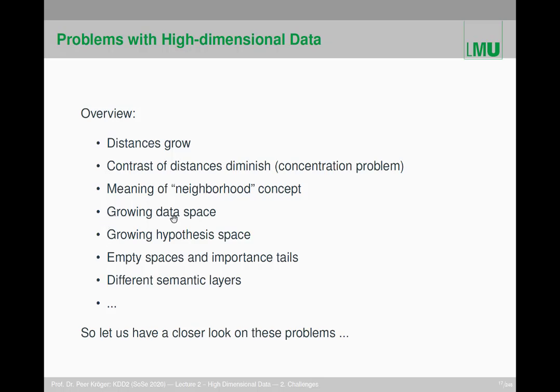Another thing is that the data space grows, which means that the hypothesis space grows. We will have a lot of empty spaces, and that has some impact on tail distributions. And then, going back to the baby game, we will have different semantic layers, semantic concepts in our data set.